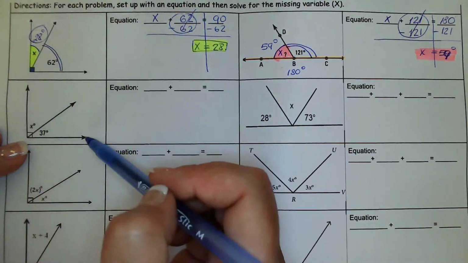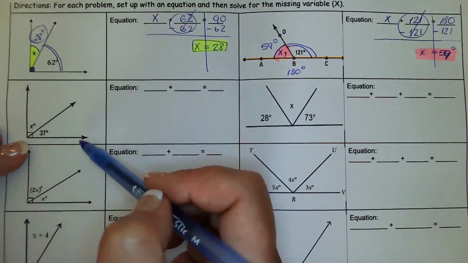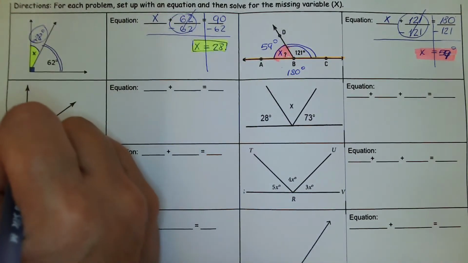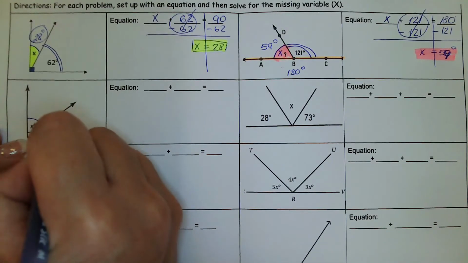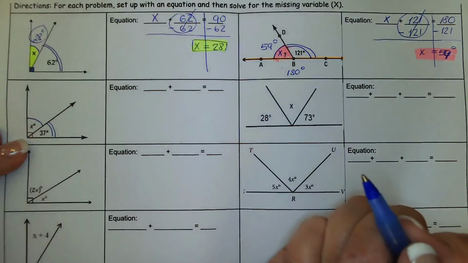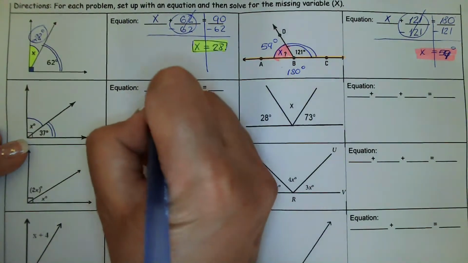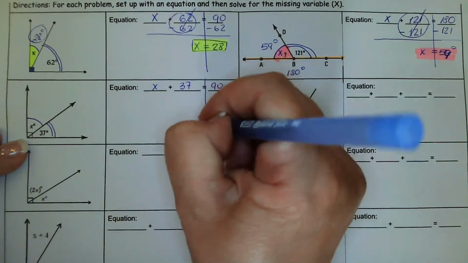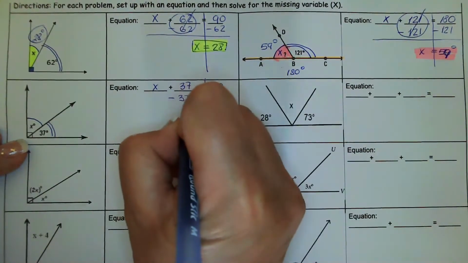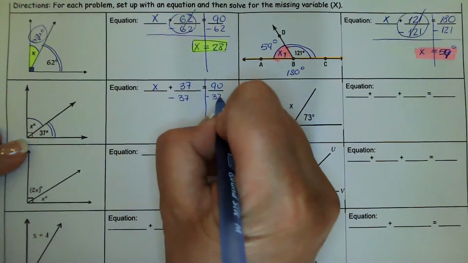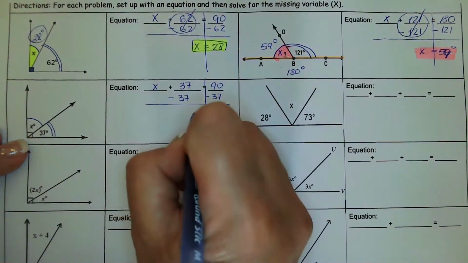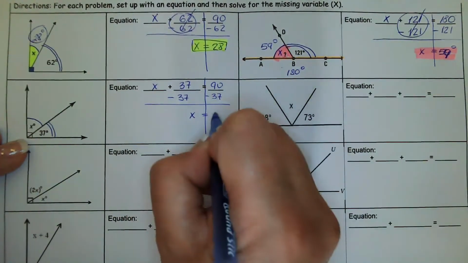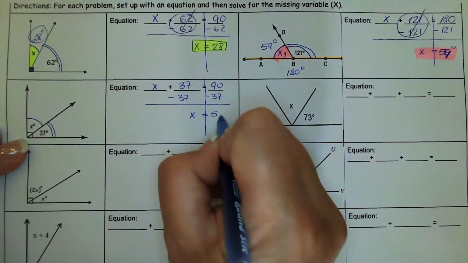If I see a right angle, it is 90 degrees. So the angle x and 37 have to add up to 90 degrees. To solve, subtract 37 and the x value will be 53.